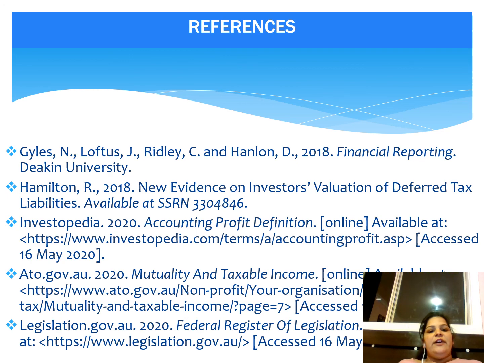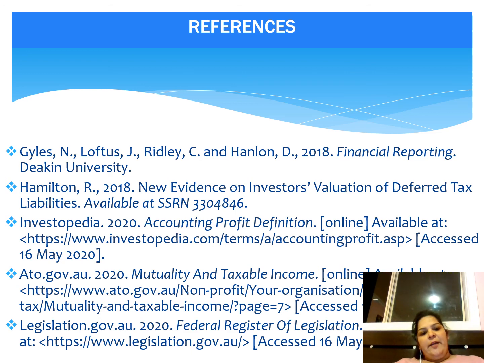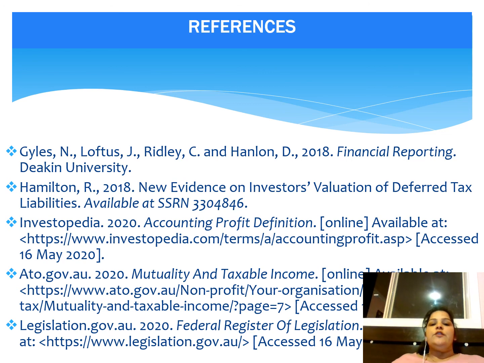And last, the reference is very important. Hamilton et al. 2018, new avenue of investors, and valuation of the different tax liability, and all other references are here. So thank you, teacher.